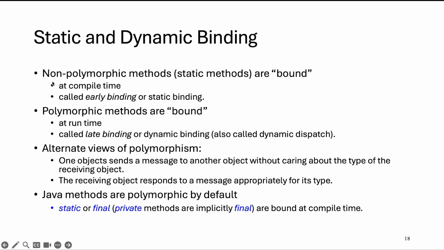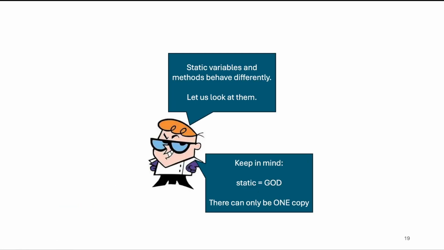So always keep in mind that if a variable or a function has the word static or final, the behavior is slightly different. Static variables and methods behave differently. Let us see with an example of how it happens.